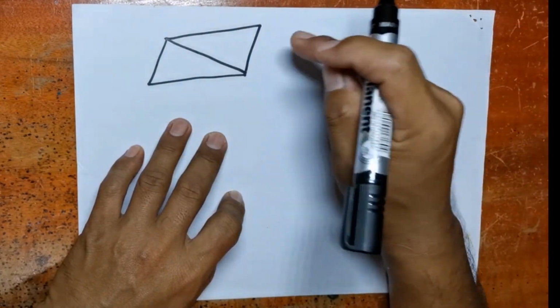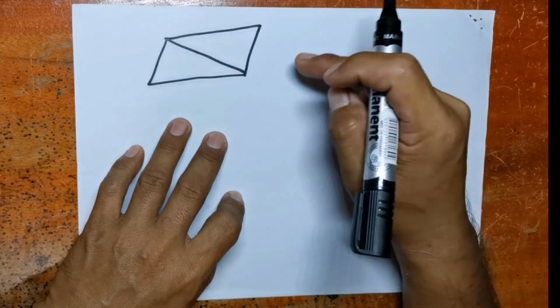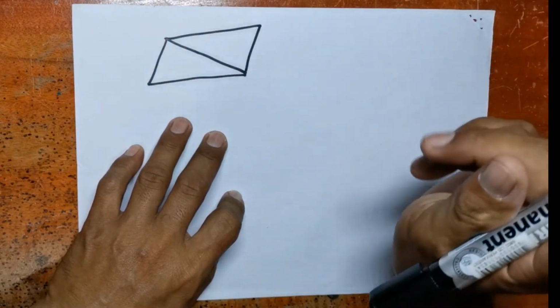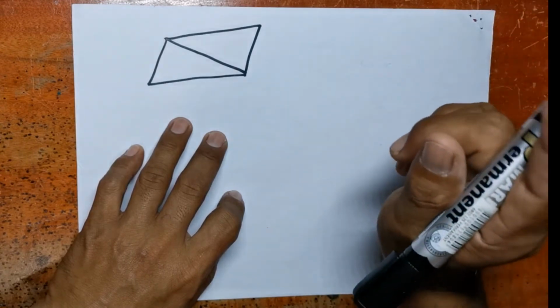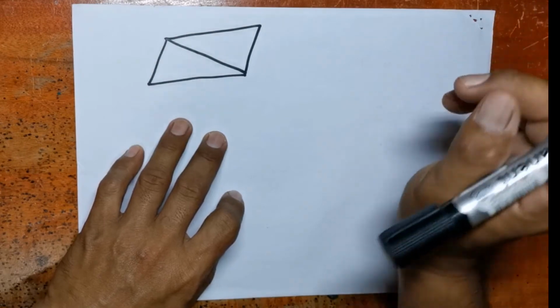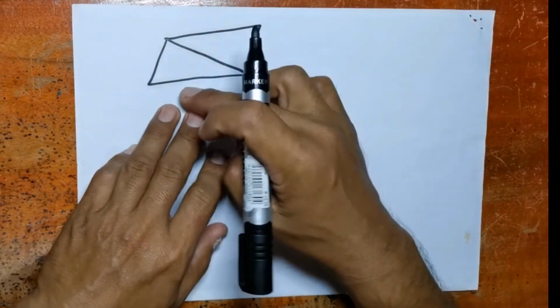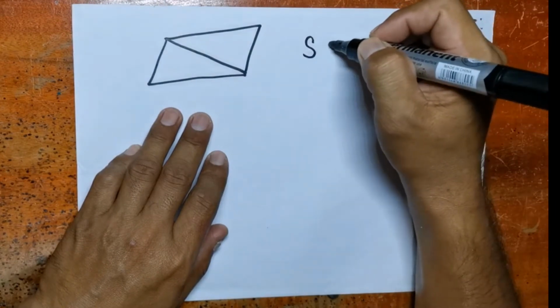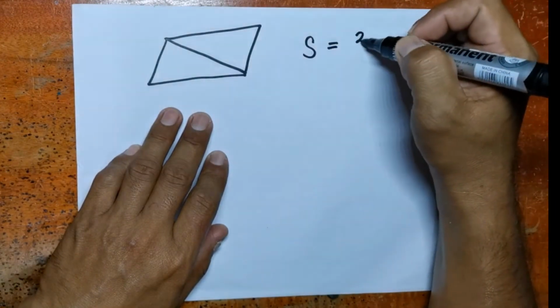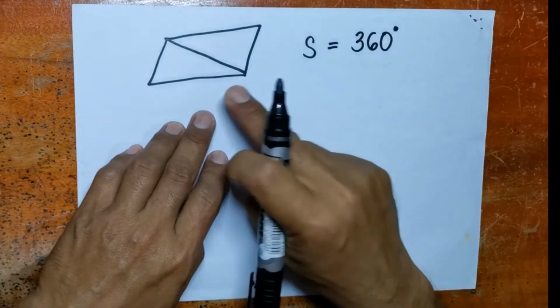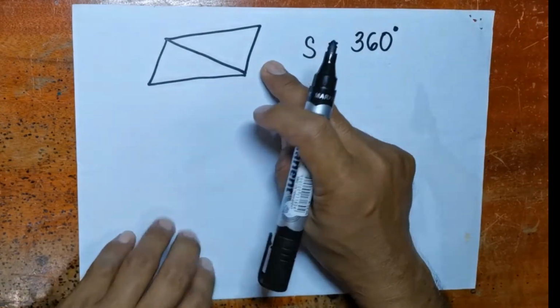Dahil dalawa yung triangles na na-form natin, alam natin doon sa angle sum theorem for triangles, ang bawat isang triangle ay mayroong 180 degrees ang total ng tatlong angles. And therefore, sa quadrilateral, since nakagawa tayo ng dalawang triangles, then the sum will be equal to 360 since meron tayong dalawang triangles na nabuo.